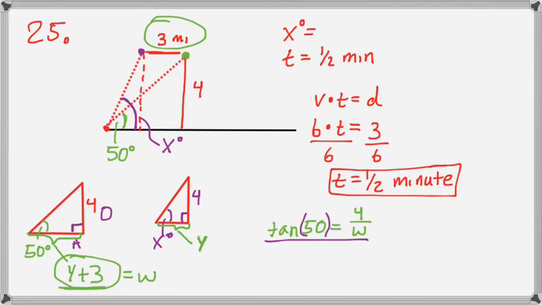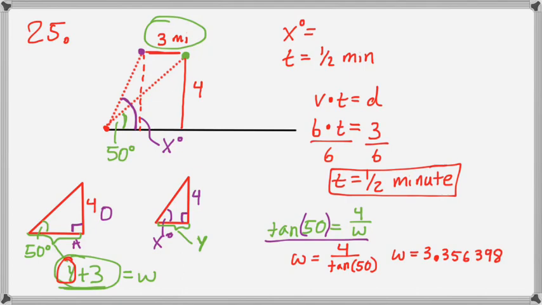Let's go ahead and solve this. We see that w is equal to 4 divided by the tangent of 50, and w is equal to a number that's about 3.35639. I'm just going to leave it at that, because that's precise enough for me. Then I take w, and I'm trying to actually solve for y.